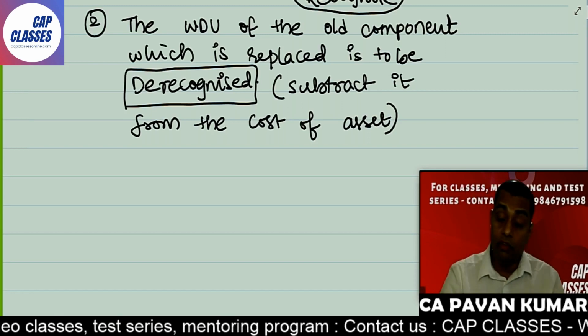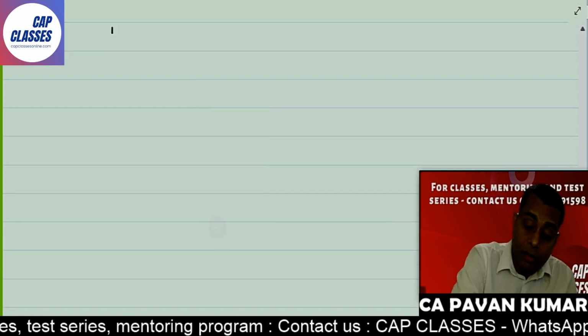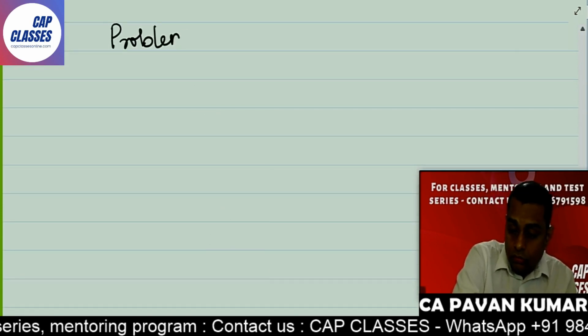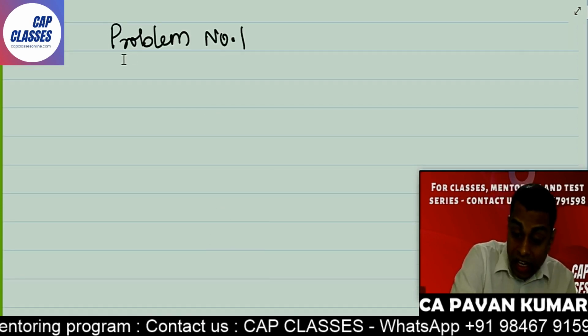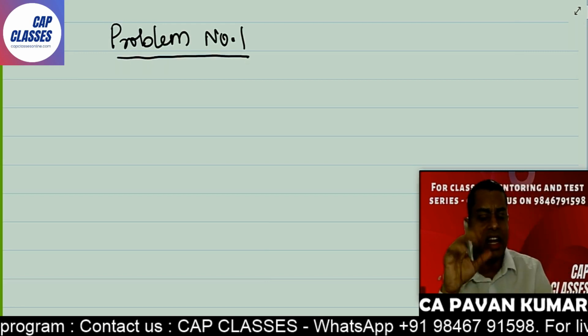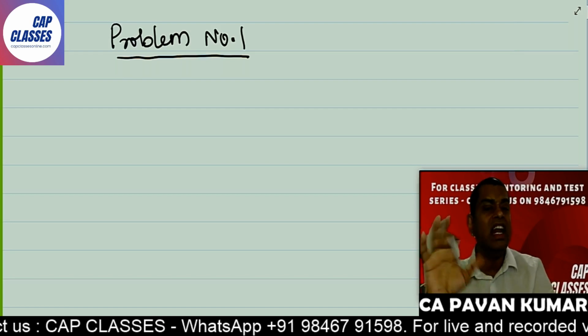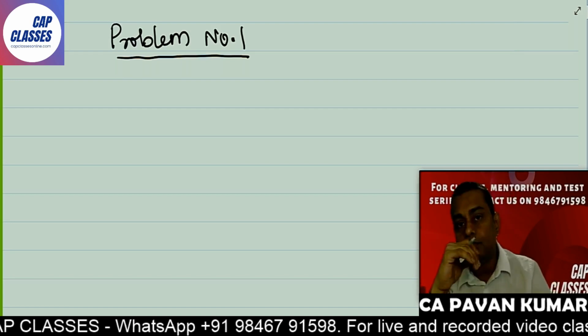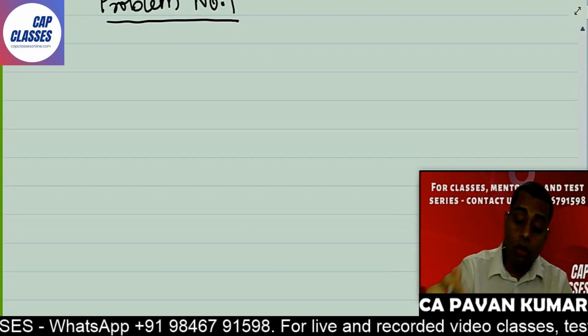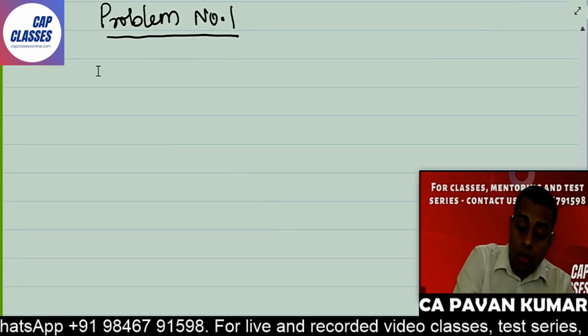You understand? Now I will give you an example. Write it down. Problem number 1. In our material I have prepared for CA classes, there is an excellent example for this. In ICAI study material, at intermediate level it is not there, at final level it is there. That we will discuss here. So imagine there is an asset.